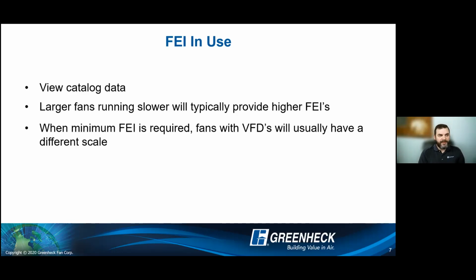When they have minimum FEIs required, I'm just throwing this out here to make sure everybody's aware. Many times in the rebate programs or in the specs I've read, they're actually going to have two scales. They're going to have a scale for minimum FEI without a VFD, and then if it's an application that requires VFDs, there's actually a second scale many times.